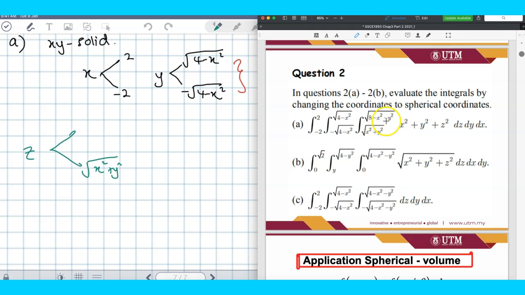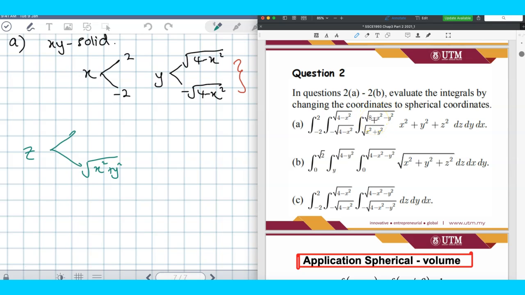So we know this one should be a standard cone, which means that phi, as I already showed you, for this particular equation of the cone, phi is equal to 45 degrees or pi over 4. And what is this one?